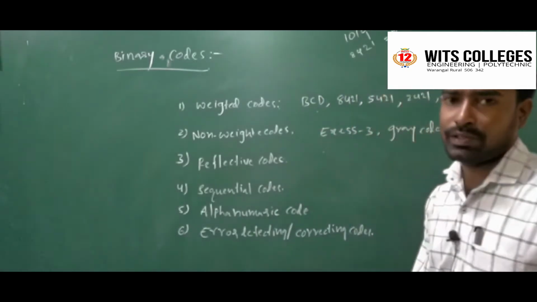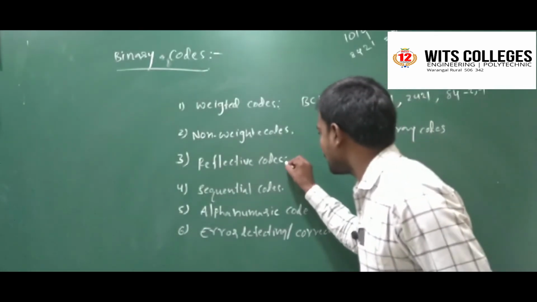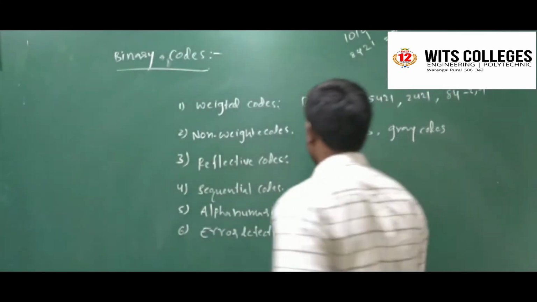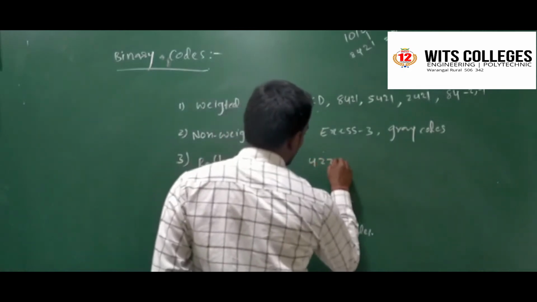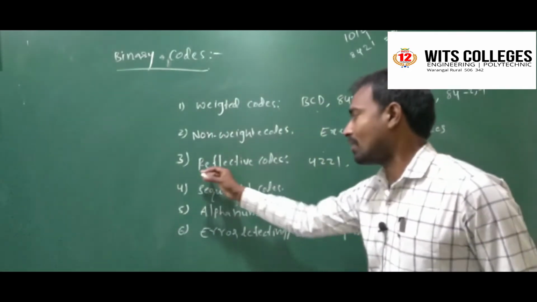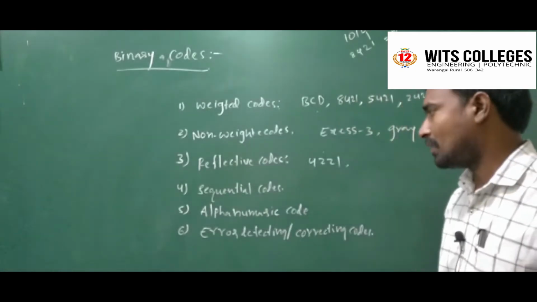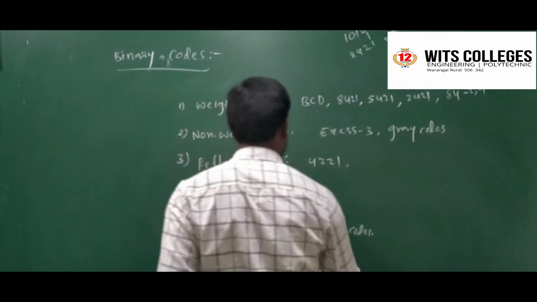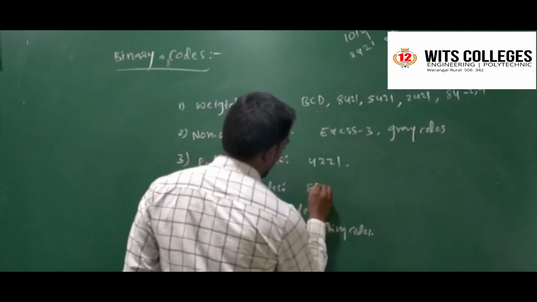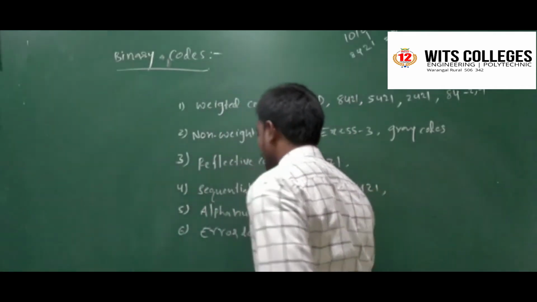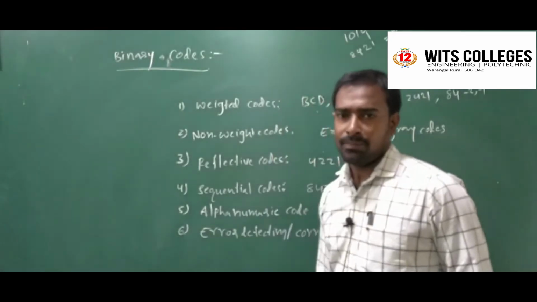Coming to the reflective codes, we have the 4221 code. This comes under reflective codes. Coming to sequential codes, the 8421 and 5421 codes come under sequential codes.